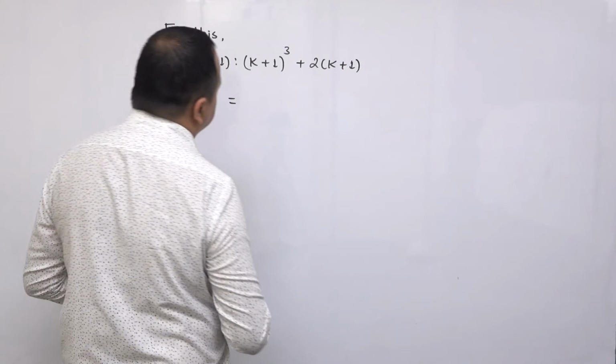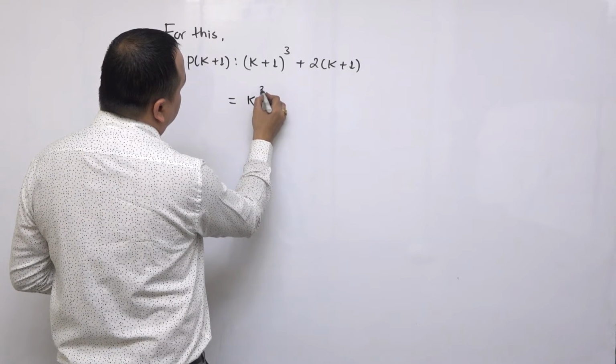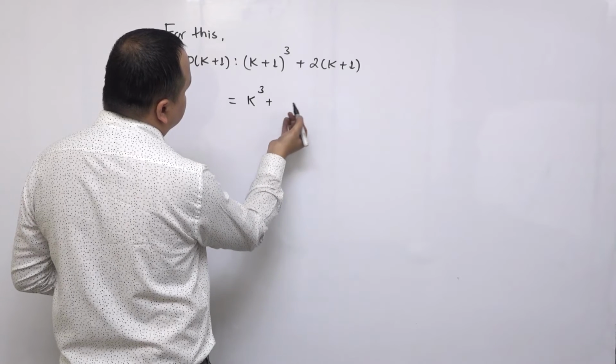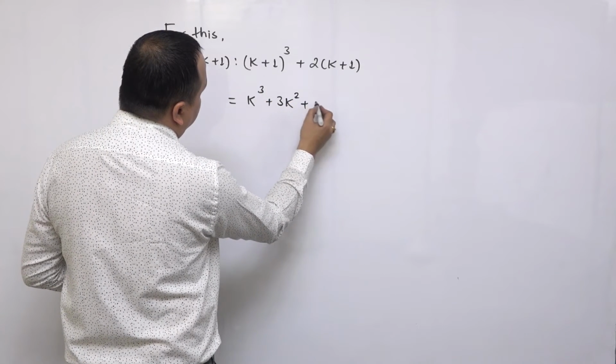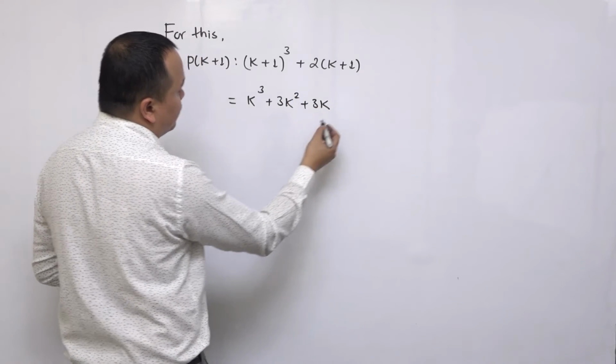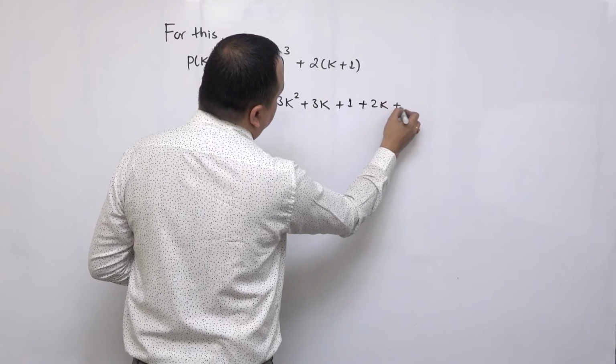This is k cube plus 3k square plus 3k plus 1 plus 2k plus 1.